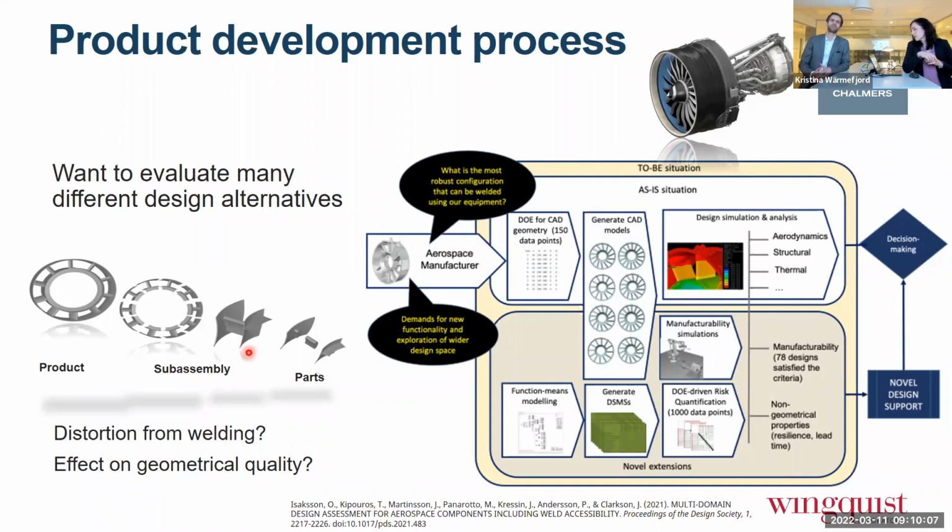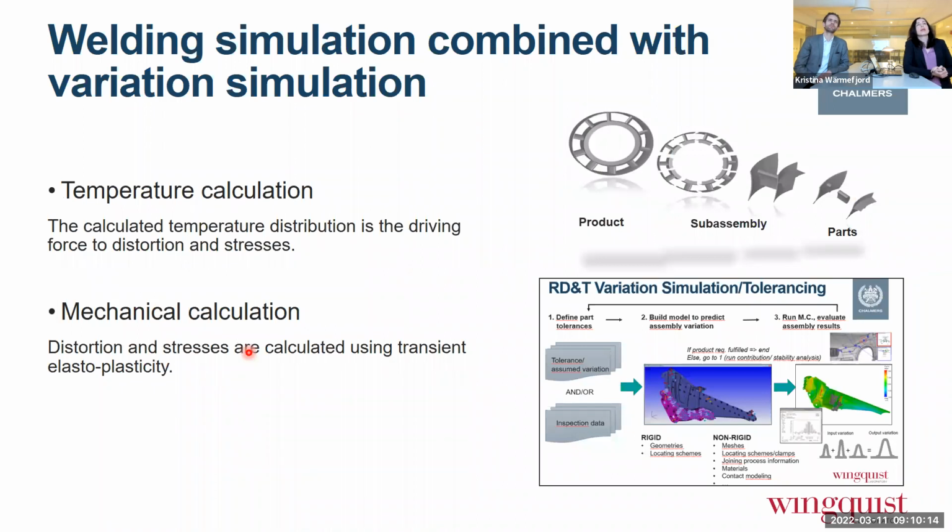But then we have a lot of different design alternatives to evaluate, and we need to run this welding simulation. And welding simulations are quite time consuming because we need to do temperature calculations, we do mechanical calculations, we do this on finite element meshes and apply finite element analysis. So that takes quite a lot of time.